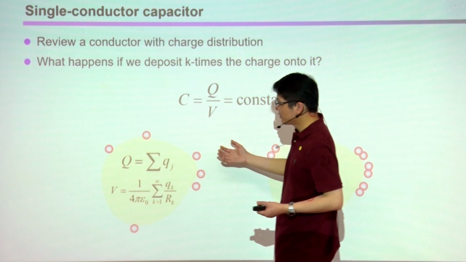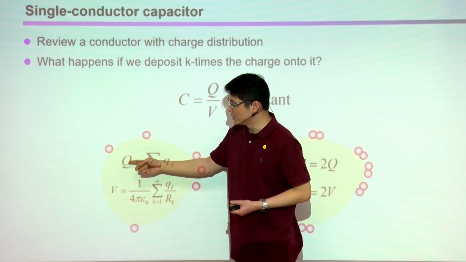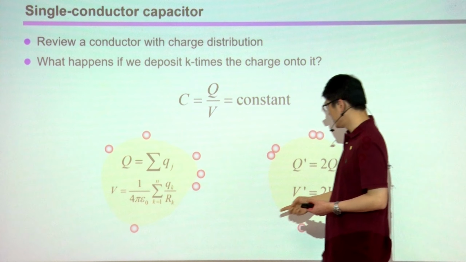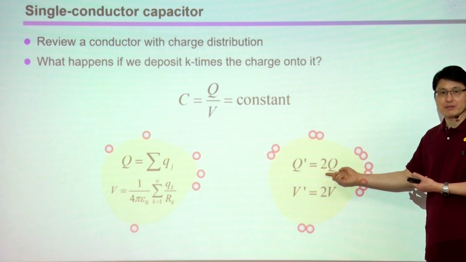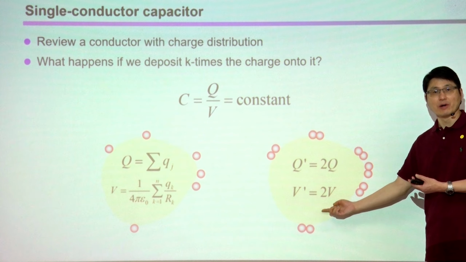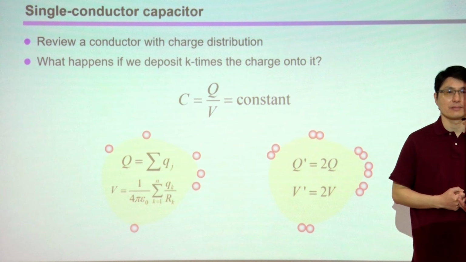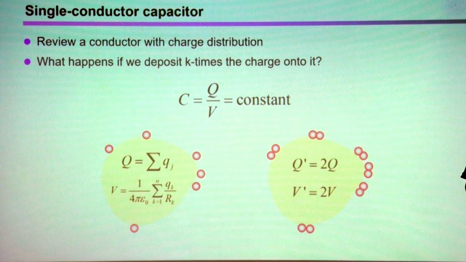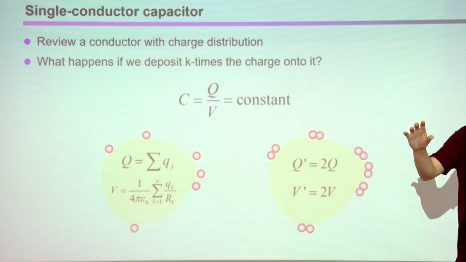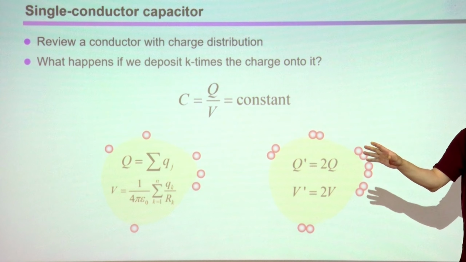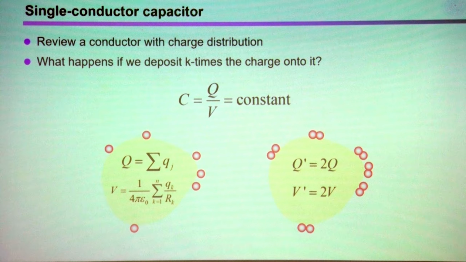So it does not matter whether you deposit the charge amount of Q or 2Q. Because whenever you increase the amount of charge, it increases the voltage as well. Okay? So the capacitance value is only a character of the material and geometry. Once it's decided, it's done. Right?